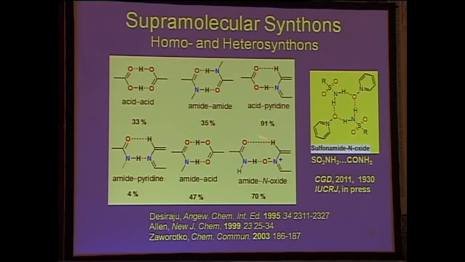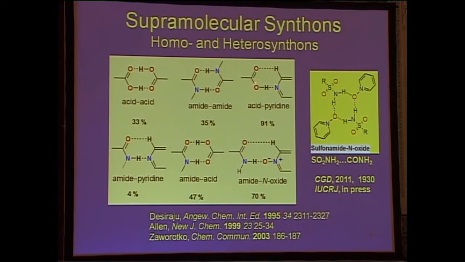And there are essentially two kinds of synthons here, which are hydrogen bond motifs associated with given functional groups. This is the carboxylic acid, which makes the dimer, or we call it the homosynthon, between like functional groups. This is the carboxamide dimer, or the amide homosynthon, again between like functional groups.